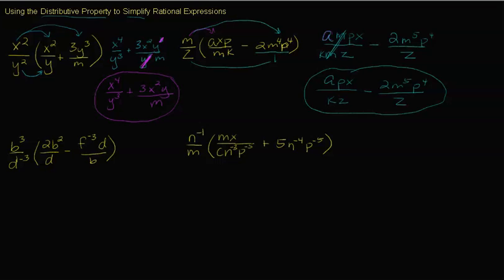Now these get a little bit trickier because these have negative exponents. So what I like to do is change everything to having a positive exponent first. Remember that if it has a negative exponent, it moves to the top and has a positive exponent. So we're going to have b to the third, d to the third over 1.